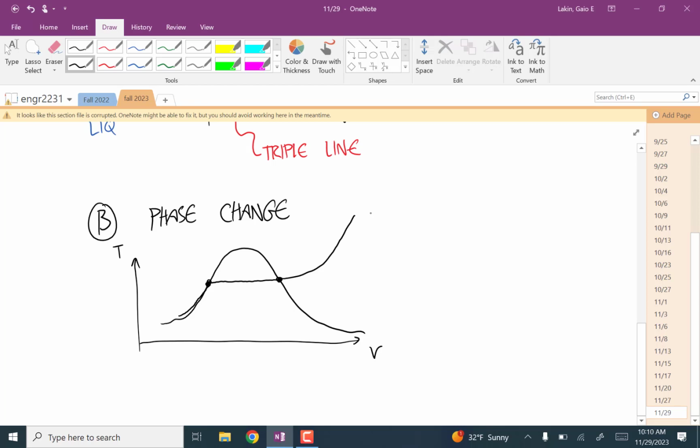This would be a relatively high constant pressure, and this would be a low constant pressure.